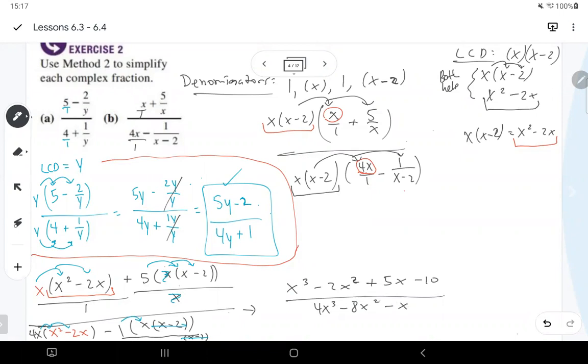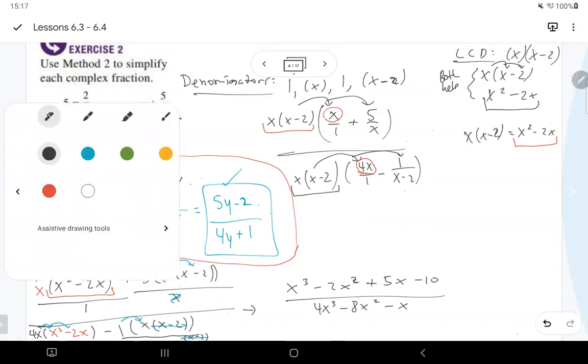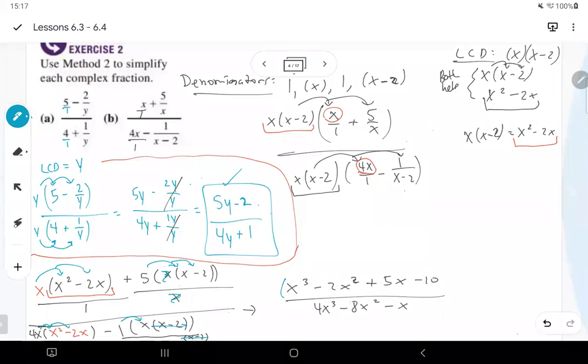And now we could choose to factor by grouping. Here we would have a GCF of x. Let's work up a little bit.